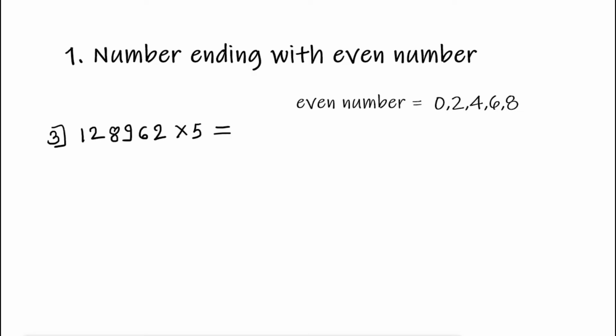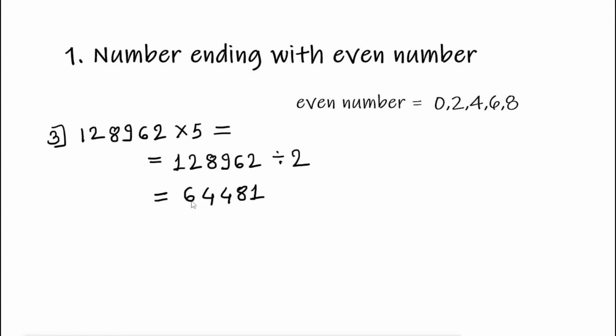Let's take one more example: 128,962 multiplied by 5. This is a bigger problem, but no need to worry. This number is even because the last digit is 2, and 2 is an even number. First step: divide this number by 2. The answer is 64,481.